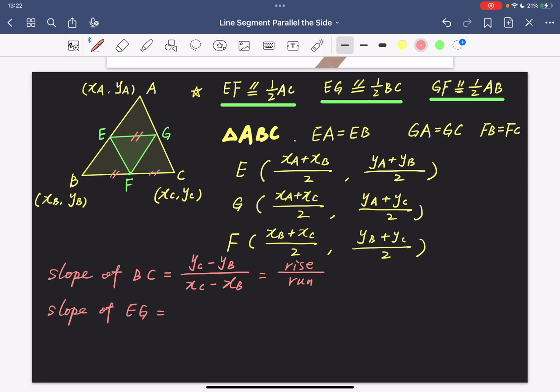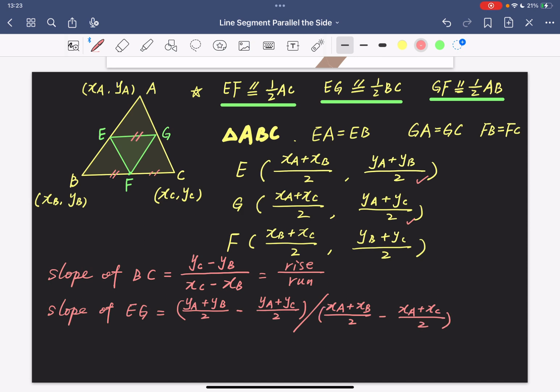Okay, we just need to plug in the corresponding expressions: ya plus yb over 2 minus ya plus yc over 2, divided by xa plus xb over 2 minus xa plus xc over 2, right?